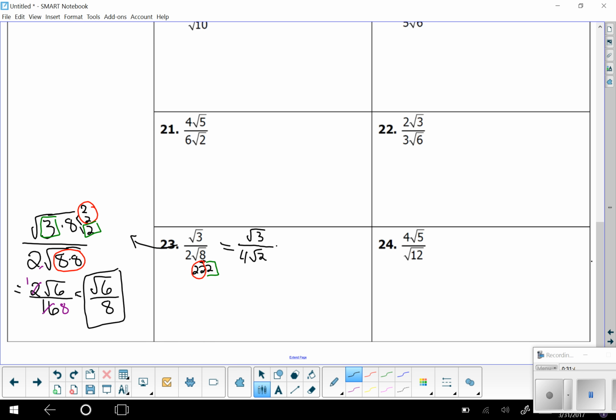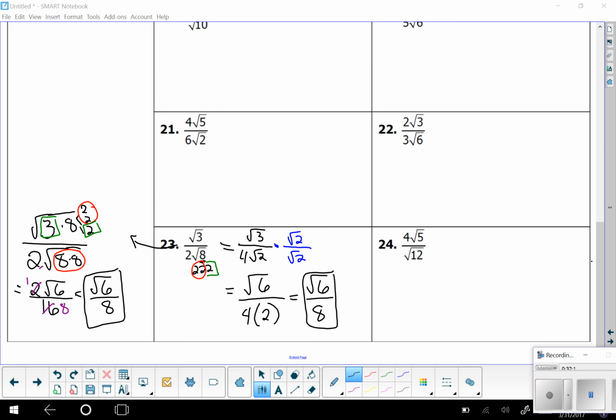So now all I have to do is multiply by the square root of 2. So this is going to look like the square root of 6 over 4 times the 2, which is square root of 6 over 8.